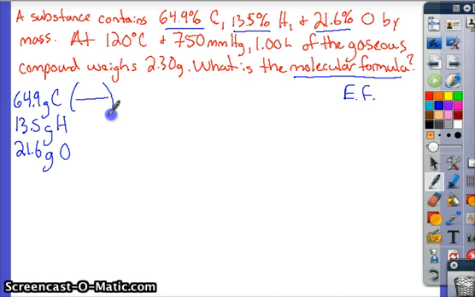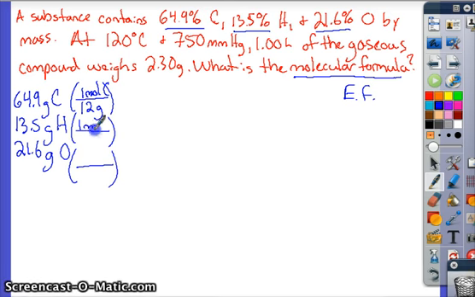Convert all of those to moles. To determine the empirical formula, we need to get mole equivalents, so we can compare mole ratios of each element in the substance. To find the mole amount of carbon, we use the molar mass, 12 grams per 1 mole of carbon.